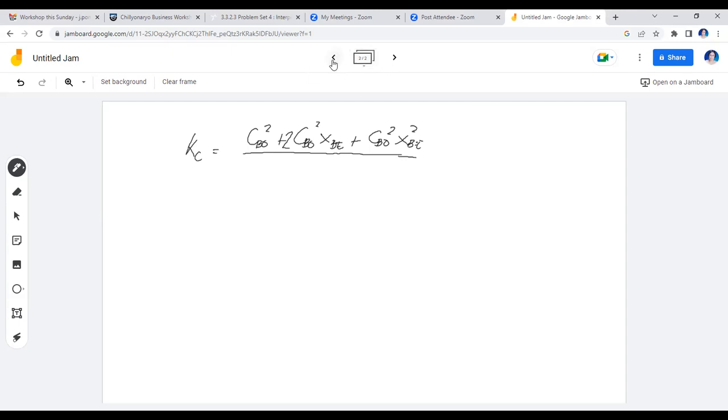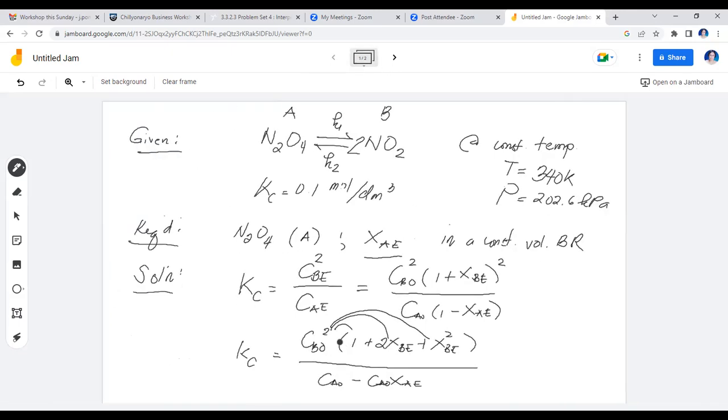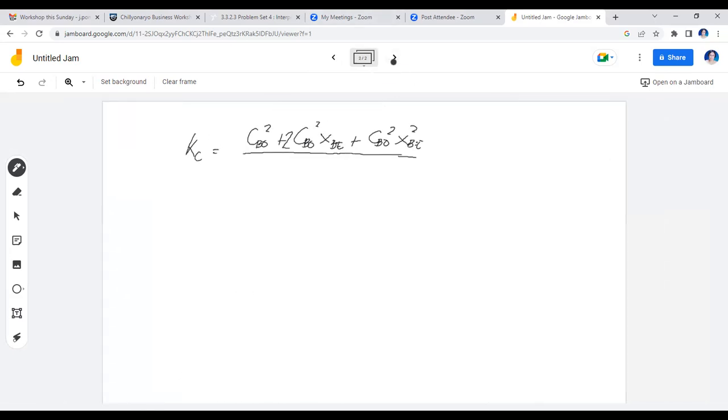Okay, that's after we have done the FOIL method here, distributing the CBO squared to these 3 terms. Your denominator would still be CAO minus CAO XAE.